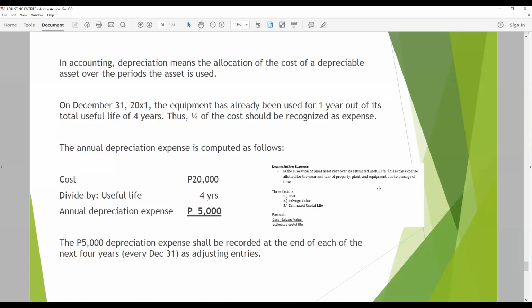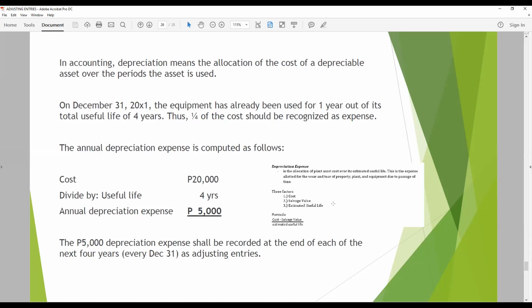This is the expense allotted for the wear and tear of property, plant, and equipment due to passage of time. So wear and tear. Kasi ginagamit nyo siya every day in production or in the business. Three factors involved in the depreciation, in the computation of depreciation.